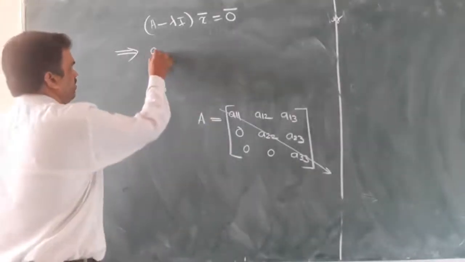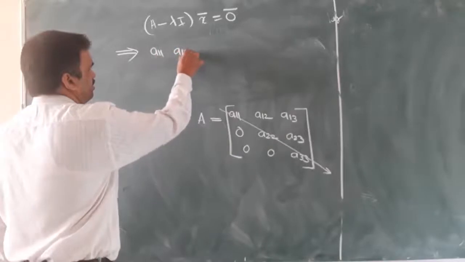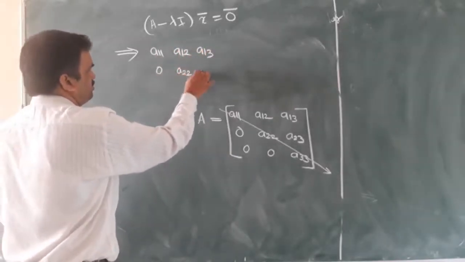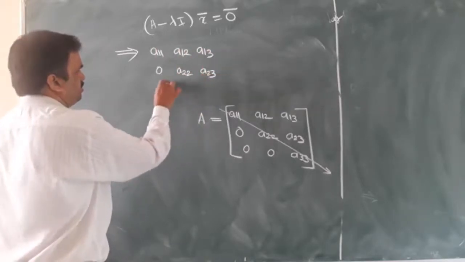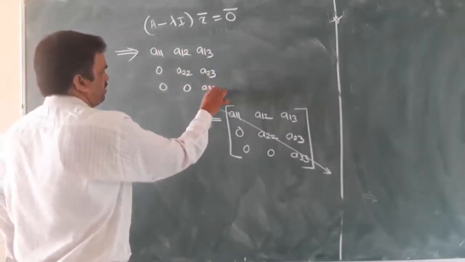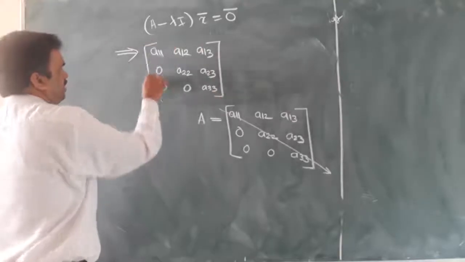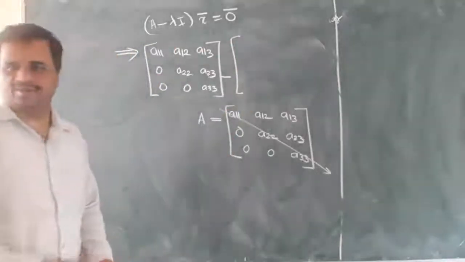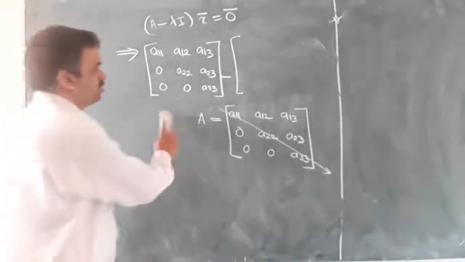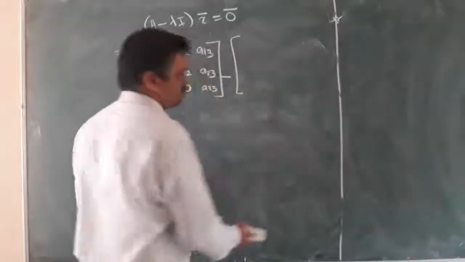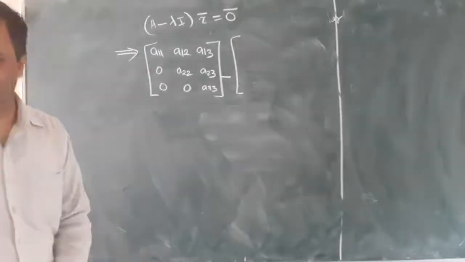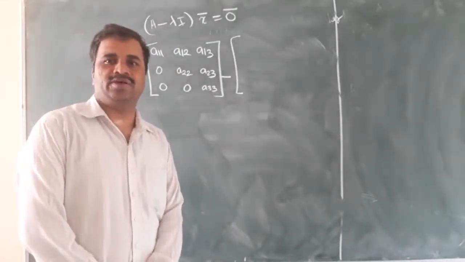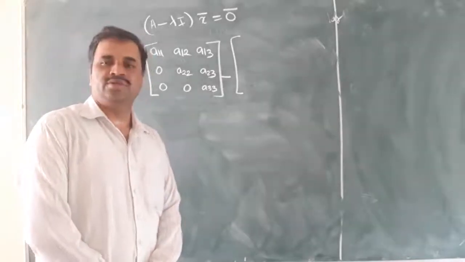A we already have: a11, a12, a13, 0, a22, a23, 0, 0, a33, minus lambda I, the identity matrix of 3 by 3. The identity matrix is 1 0 0, 0 1 0, 0 0 1.